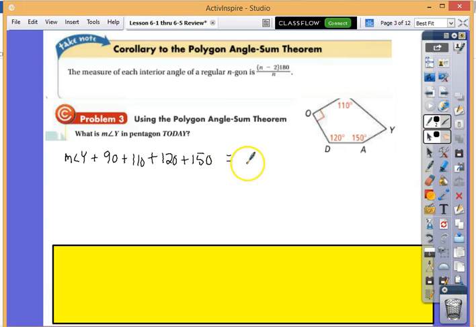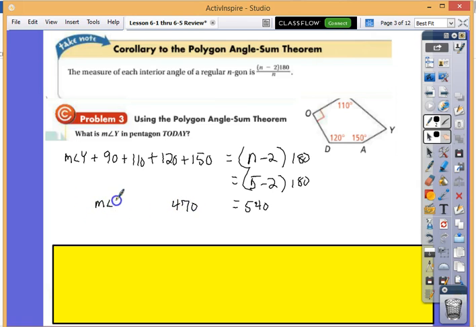And that's going to equal (n minus 2) times 180. In this case, n is 5, so 5 minus 2 times 180 is 540. And then if I add up all of these numbers, I get 470.